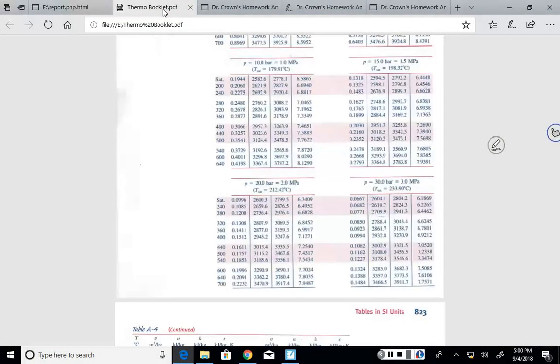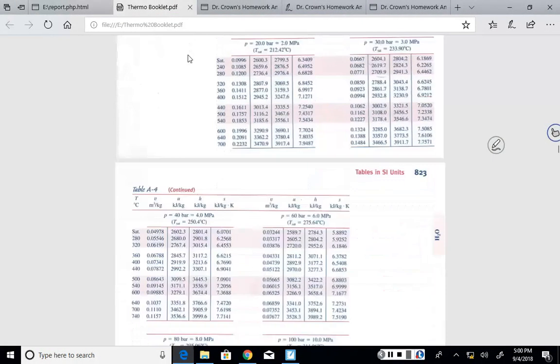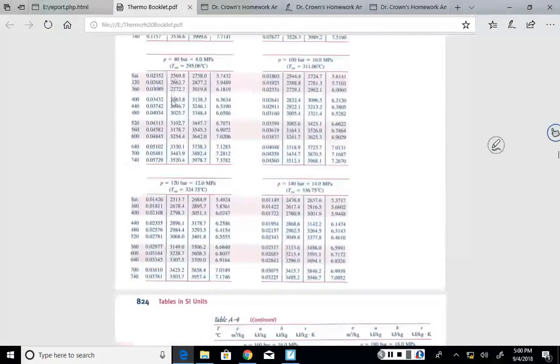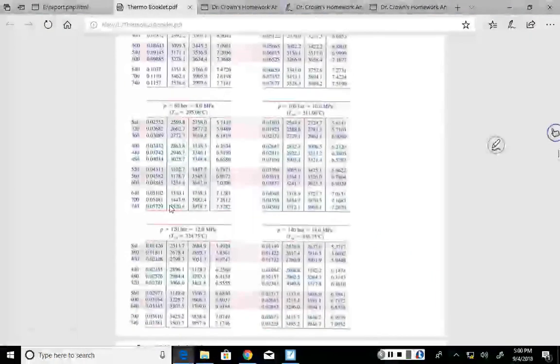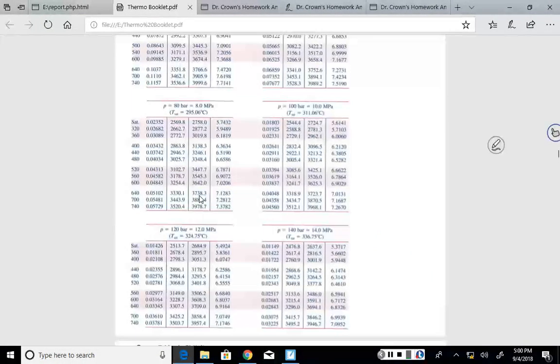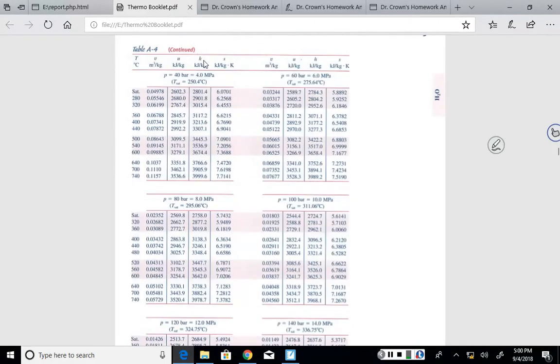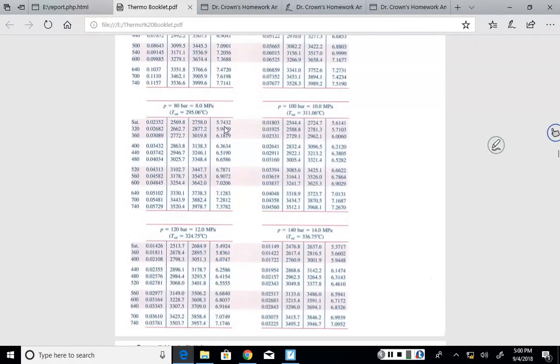80 bar, 640 is here in the table. It's a little hard to see which column's which, but at the top is enthalpy in kilojoule per kilogram, and entropy is the last one.